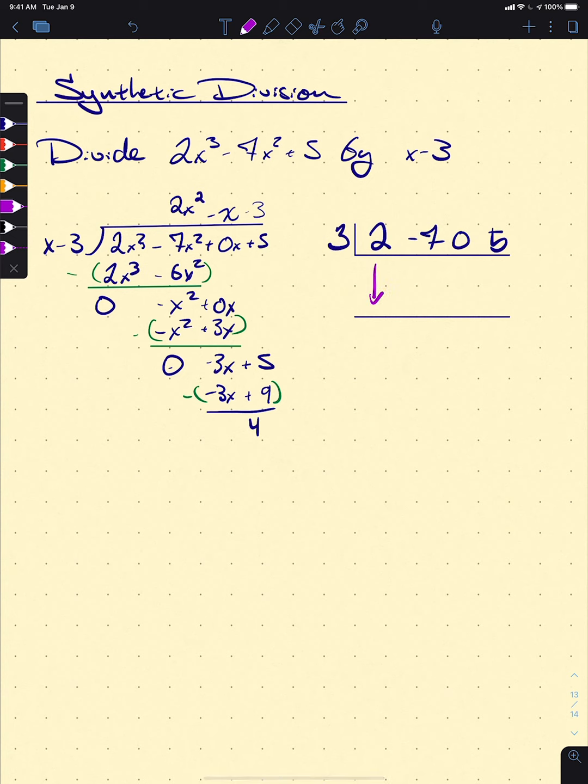We're going to drop this 2 straight down, and we're going to write a 2, okay? That 2 corresponds to this 2 right here. We now multiply this 2 times 3 to get 6. That 6 corresponds to this 6 right here. Then we add vertically like this, right?